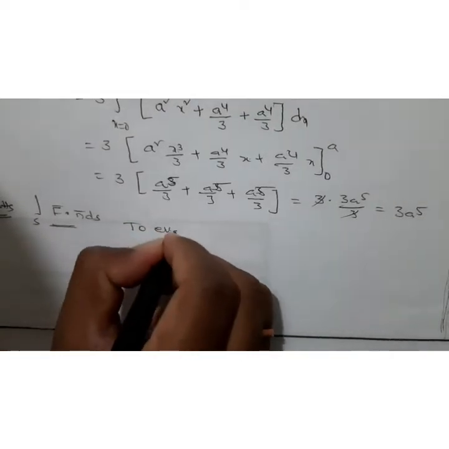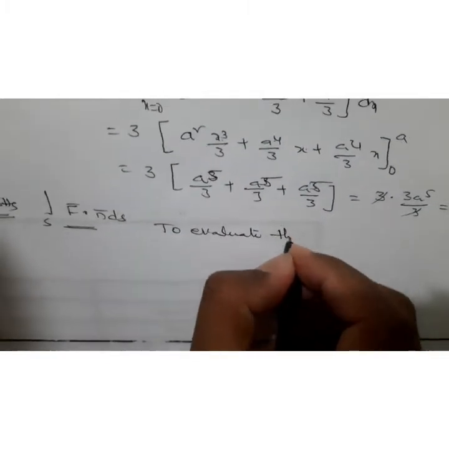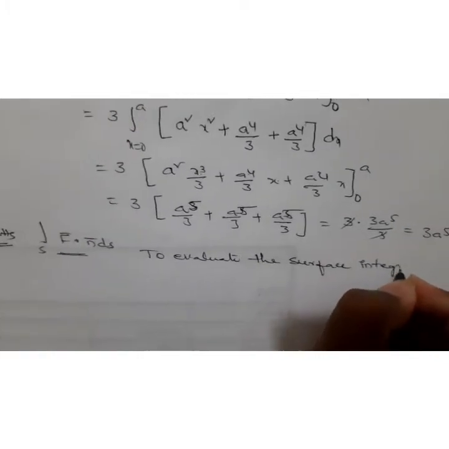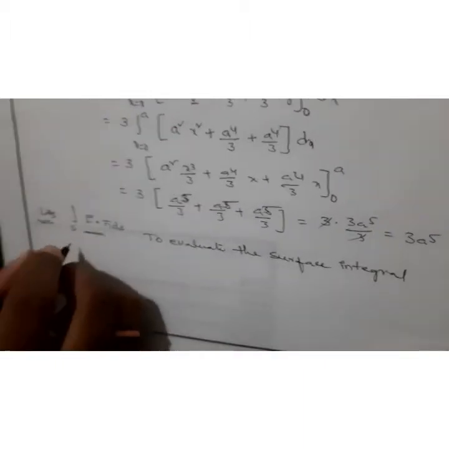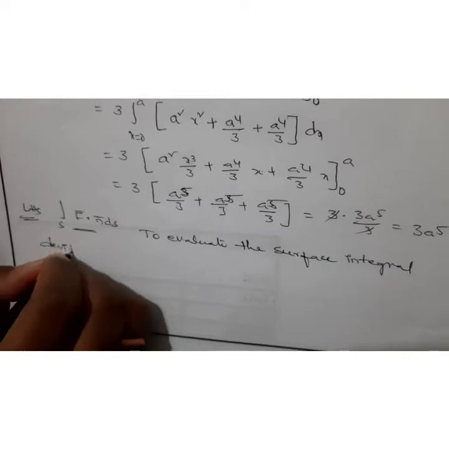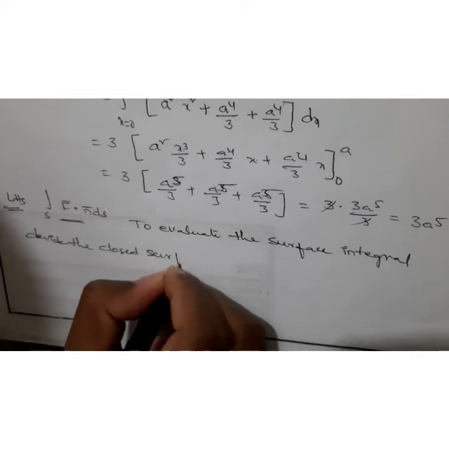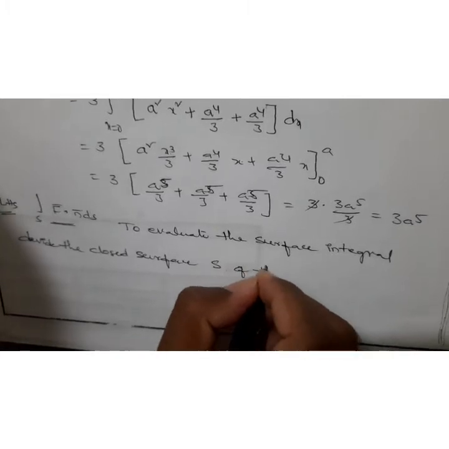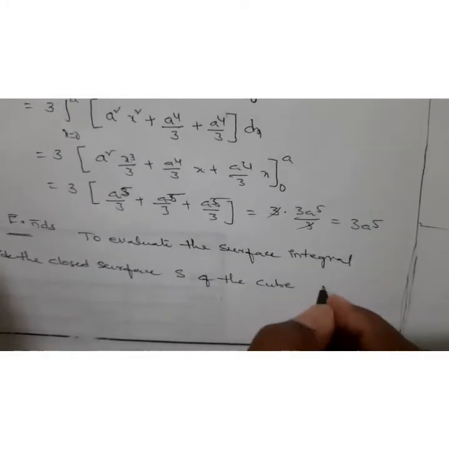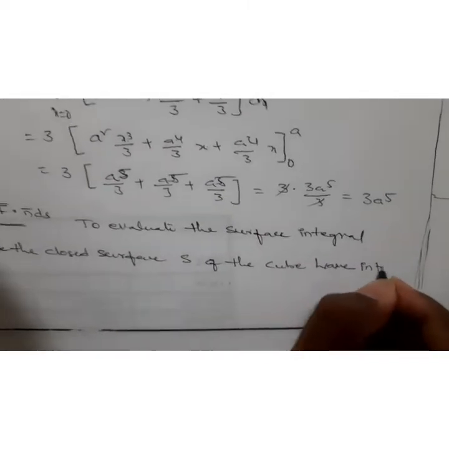To evaluate the surface integral, divide the closed surface S of the cube into 6 surfaces.